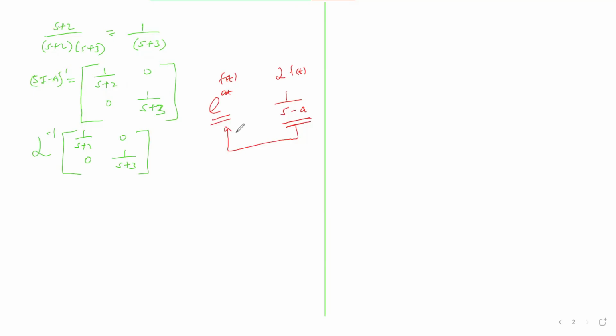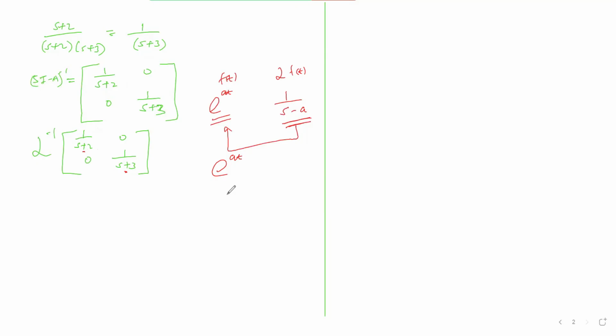Are you together? Yeah. So ukiangalia hizi function hizi mbili, hii ni 1 over s plus 2, hii ni 1 over s plus 3. So now the question is, what will be your value of a? So tunajua ya kwamba this one should give you this function ya e^at. So you need to identify a. The aspect that uko hapa na positive, hapa na hapa ni positive, inamaanisha value yako ya a ilikuwa negative.